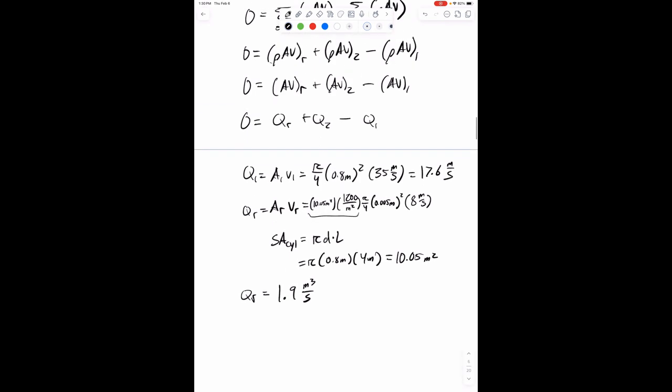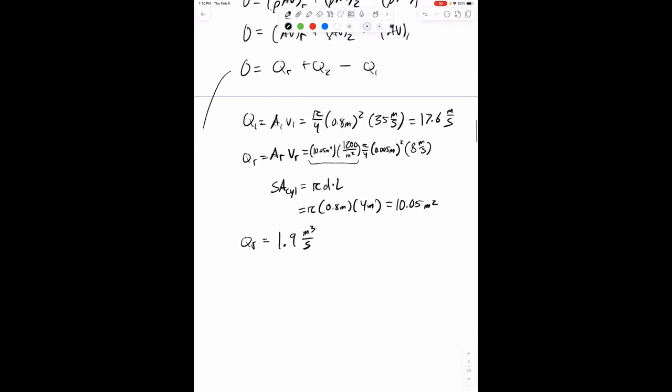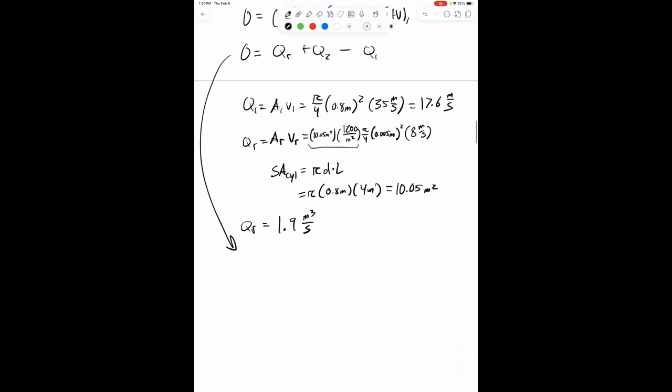Okay, so back to our original equation. We have two knowns. We can now solve this three-variable equation. So I'll rewrite it. Q2 is equal to Q1 minus QR. Q1 is 17.6 cubic meters per second. QR is 1.9 cubic meters per second.